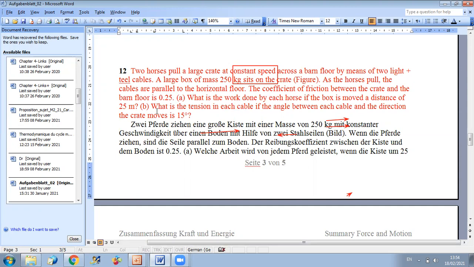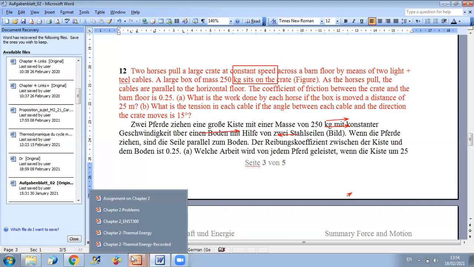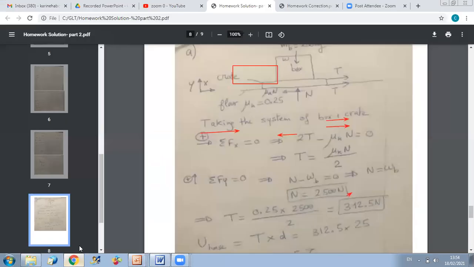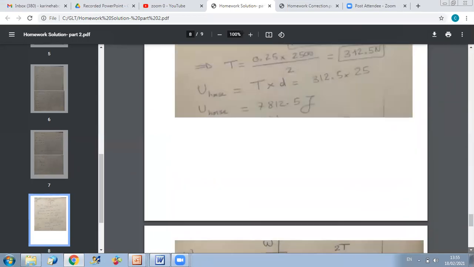Now for question B, they are asking what is the tension in each cable if the angle between each cable and the direction of motion of the crate is 15 degrees. Here in the second question, we will repeat the same procedure, but we have a new free body diagram. So all we have to do is to draw the new free body diagram and apply the equations again.